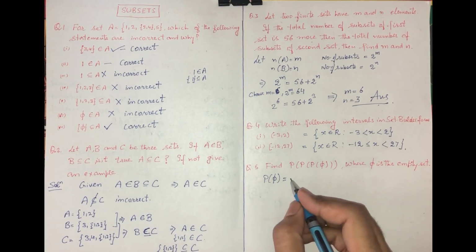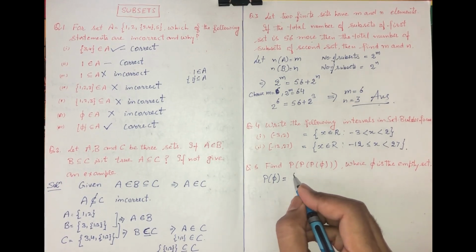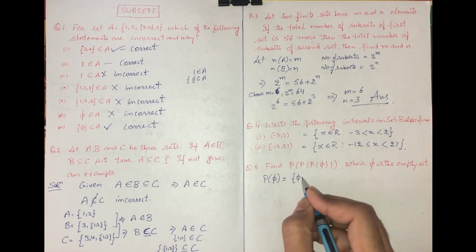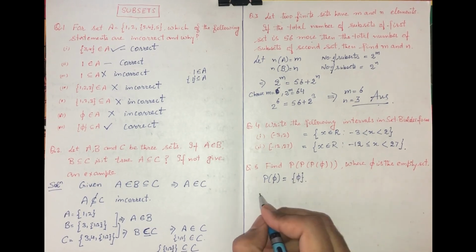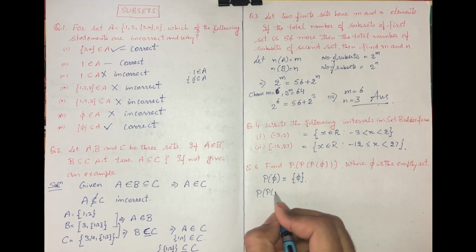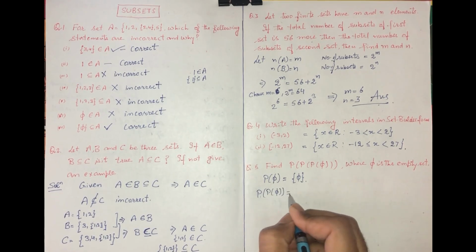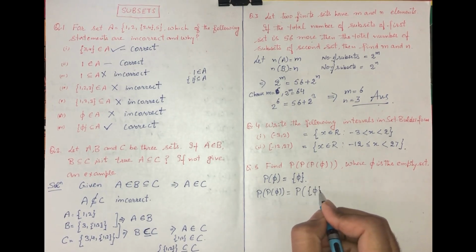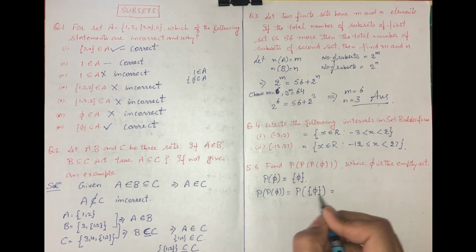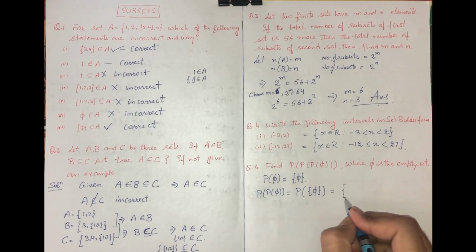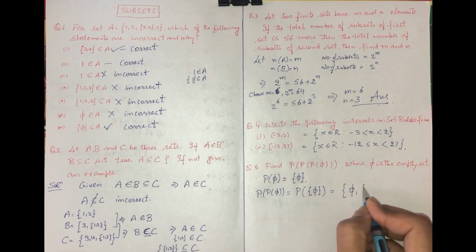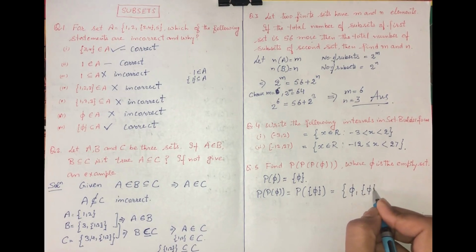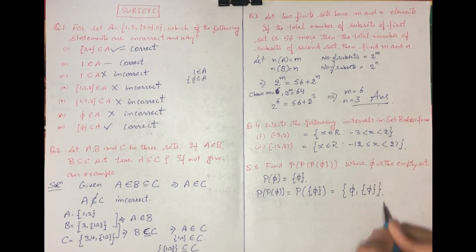What is that? Only phi. Then now we have to find P of P of phi. So what is that? That may be empty set and set with phi.